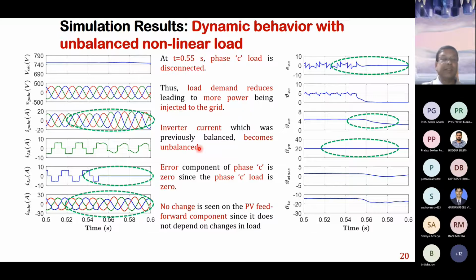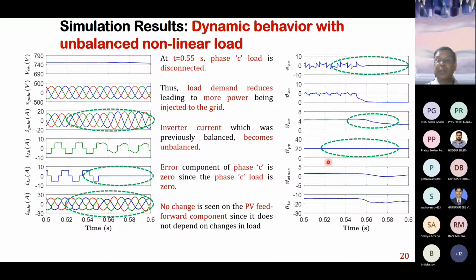And the inverter current, which was previously balanced, becomes unbalanced because the phase C load is disconnected, and the error component of phase C is zero. The error component is zero since the phase C load is zero, and no change is seen in the PV feed forward component, since it does not depend on the load, so there is no change in the PV component.